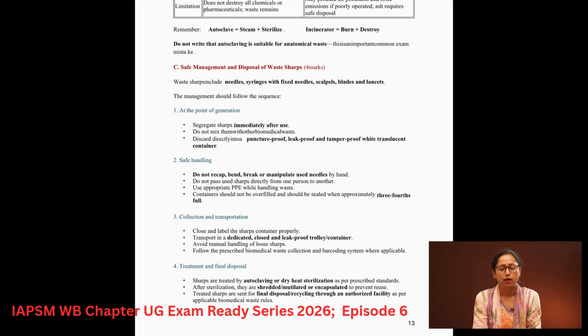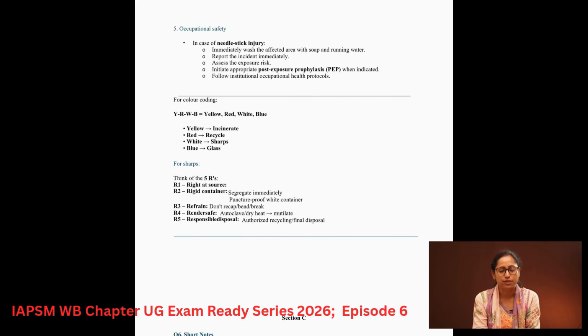Okay. Now, coming to the last point, that is occupational safety. In case of needle stick injury, we should immediately wash the affected area with soap and running water, report the incident immediately, assess the exposure risk, initiate appropriate post exposure prophylaxis PEP whenever indicated.